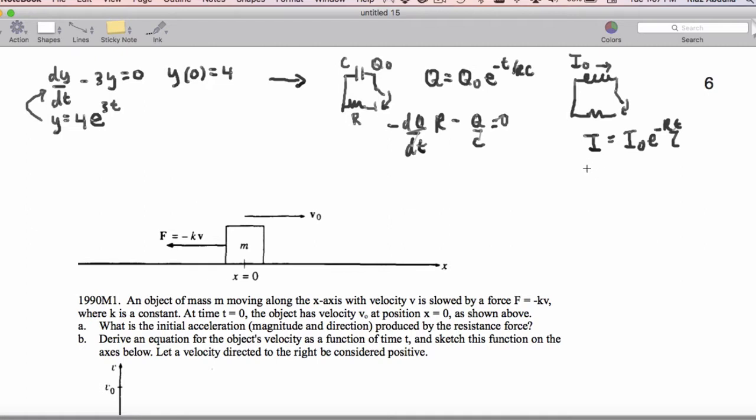And here we had negative IR minus L di/dt equals 0. Both of these follow the form of the equation you'd see in a calculus textbook, but we have to adapt it to physics.